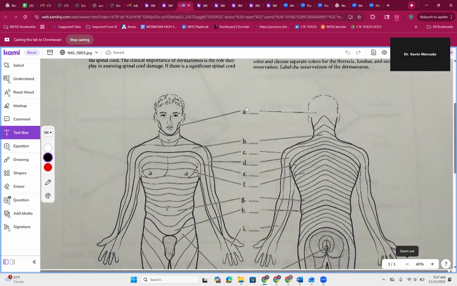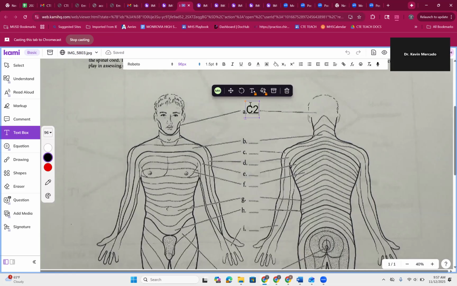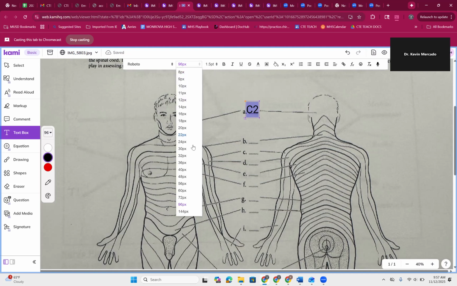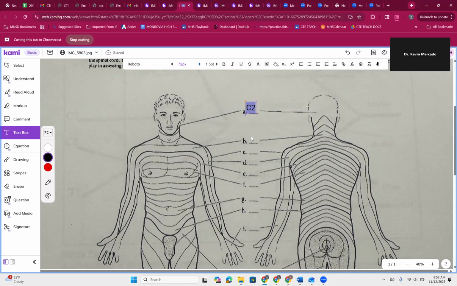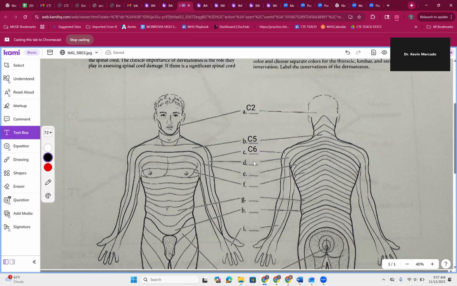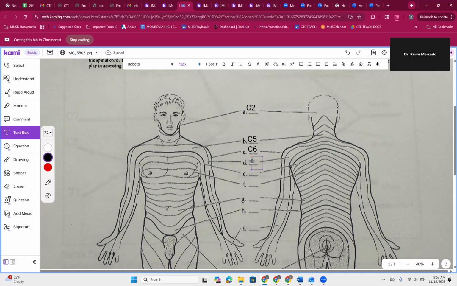So A is C2. B is C5. C is C6. D is T1. E is T2.